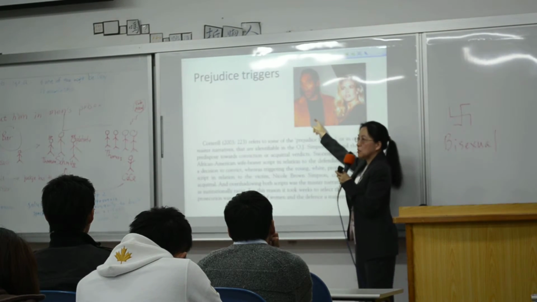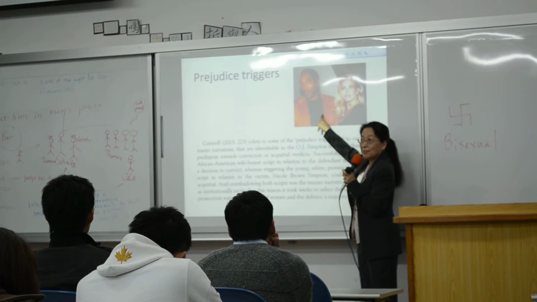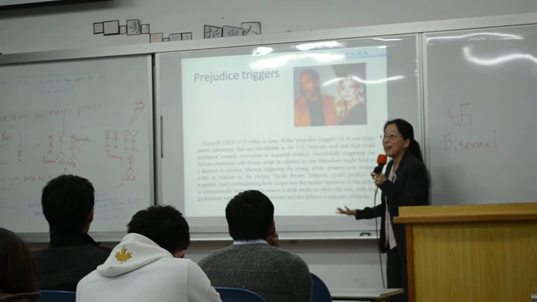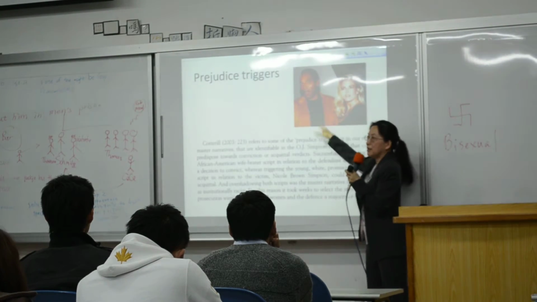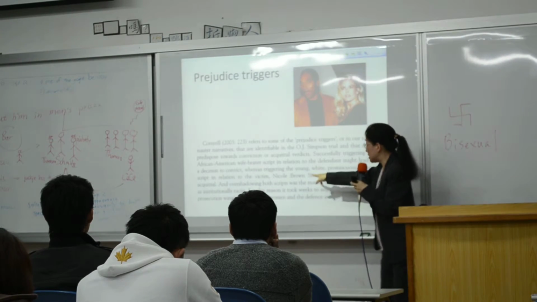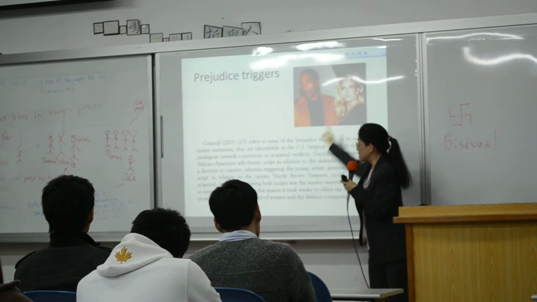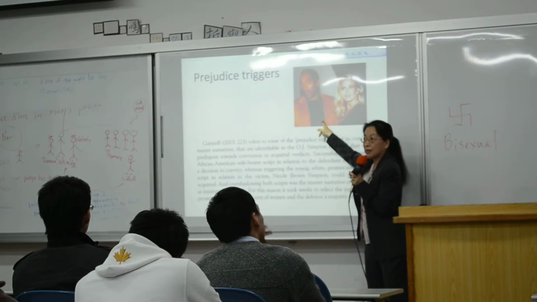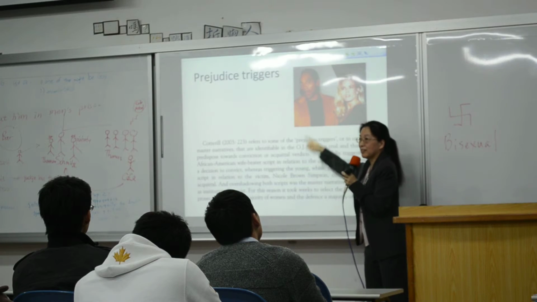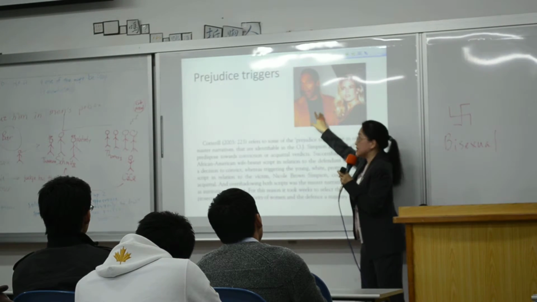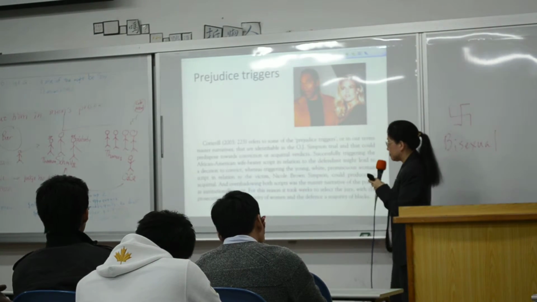You didn't pay attention to the fact that he's black, okay? And the police may be white. So you downplay the fact that he's black. This is racist, okay? So that's also a prejudice trigger. If you downplay his blackness, then it's racism.